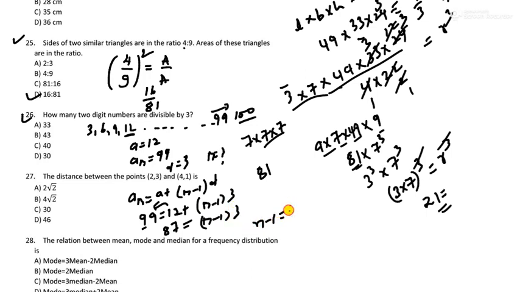So n minus 1 is equal to 87 by 3. So n minus 1 is equal to 29, 3 9s are 27, 3 2s are 6, 29. So n is equal to 29 plus 1, which is equal to 30. So answer is 30, D.